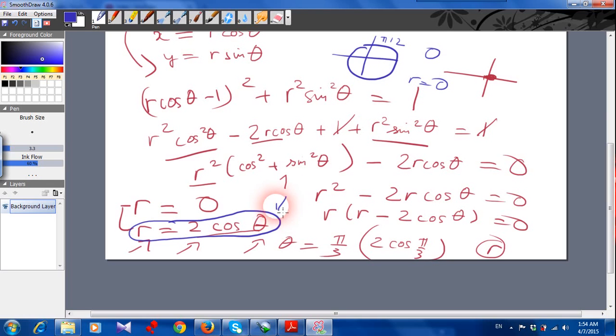So in this case, we also have r is 0 here. So we only need this one. Finally, we choose the last equation, r is 2 cos θ. Be careful: usually r is 0 is inside this equation.